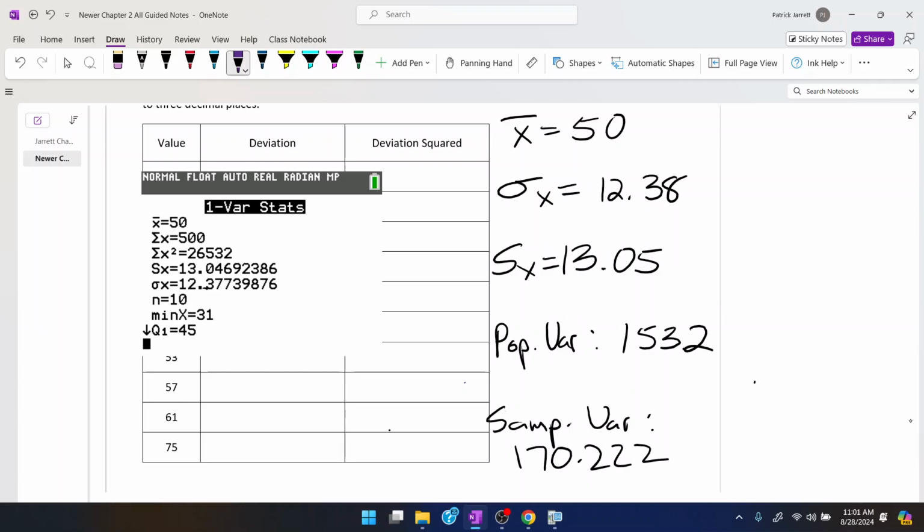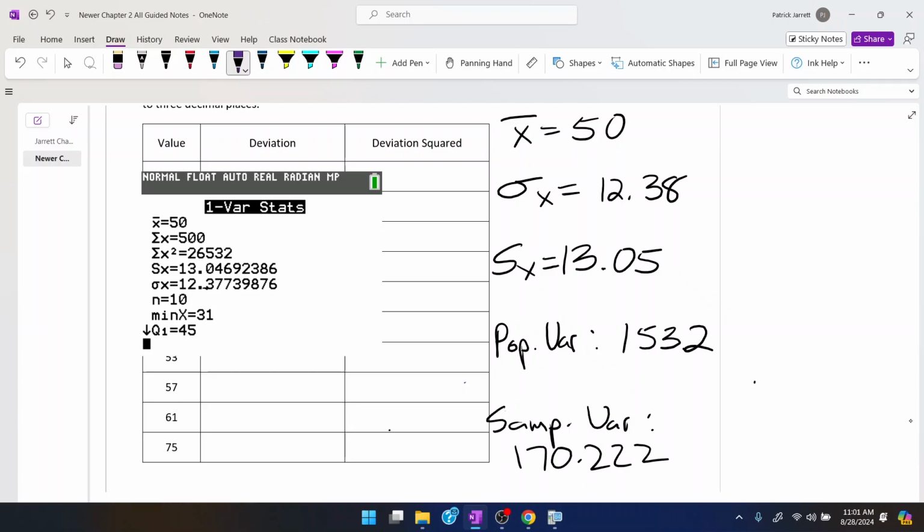and henceforth the variance. Now, your calculators, the TI-84s, do not calculate variance, but basically you just take, how do you go from standard deviation to variance? Not square root, square.